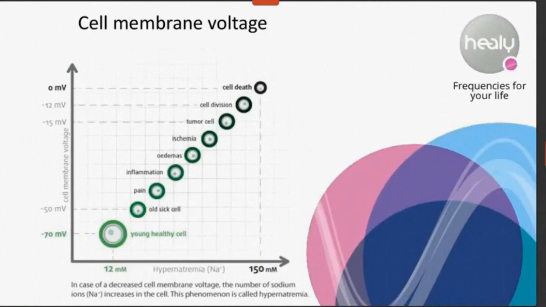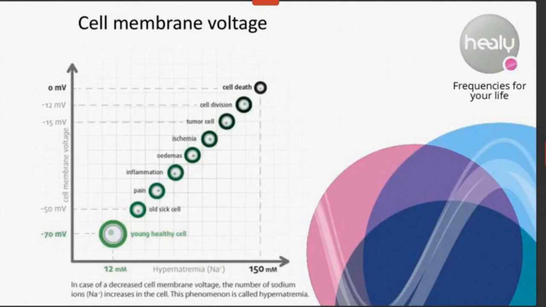According to this model, it is very important that the cells have a negative cell membrane voltage of minus 70 millivolts. So a young and healthy cell will have a negative cell membrane voltage, and the cell is situated in what we call the extracellular space, or the matrix, and the extracellular space is positive.